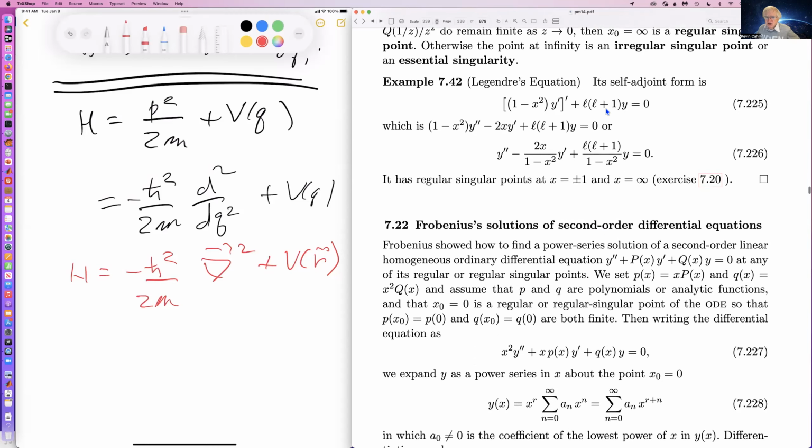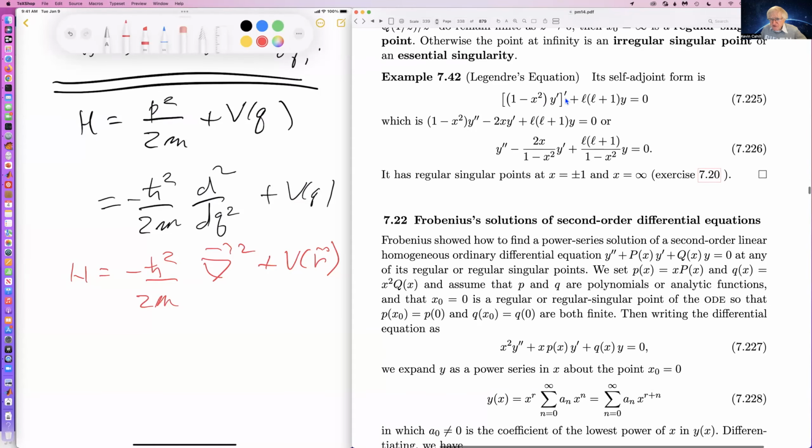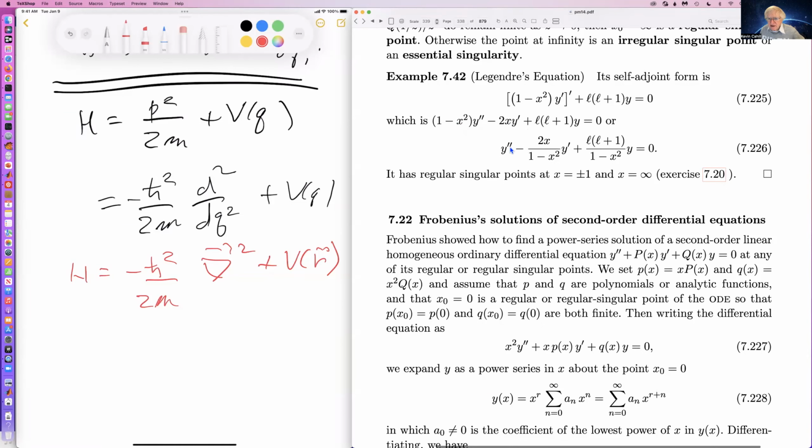So let's look at Legendre's equation. This is the derivative of 1 minus x squared times y prime, plus l(l plus 1) y equals 0. And this occurs for angular momentum. Multiplying it out, we get an expression like this. Or if we divide, we get y double prime.